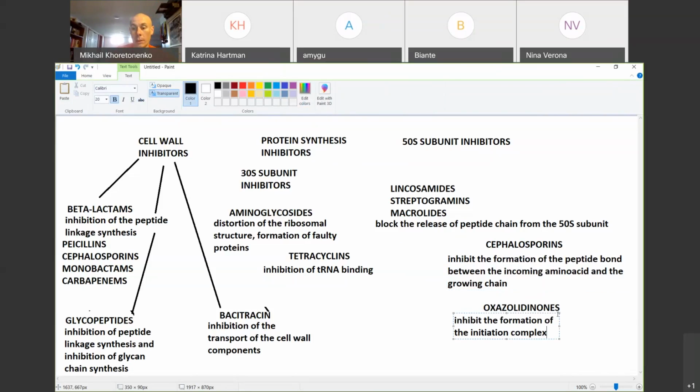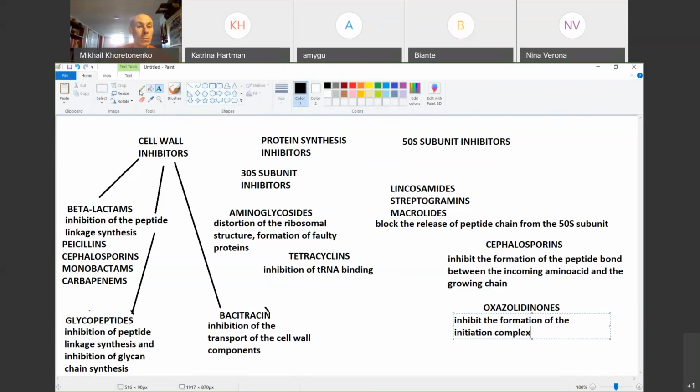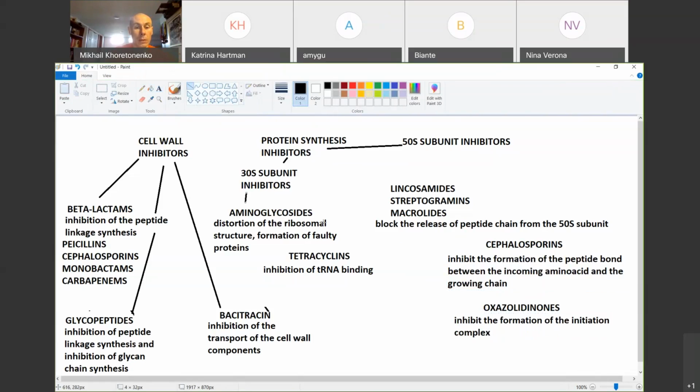So we try and, okay, good. So we're going to make it nice. The arrows. So we've got here protein 30S subunit, 50S subunit. 30S subunit inhibitors are these ones, 50S subunit inhibitors are these ones.